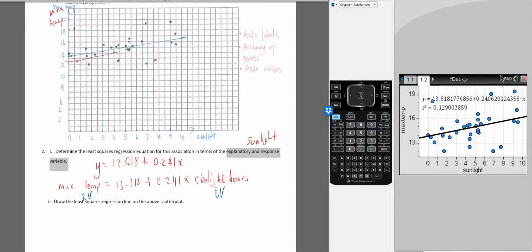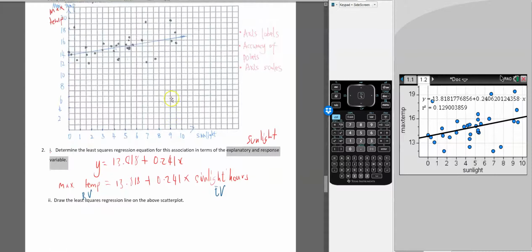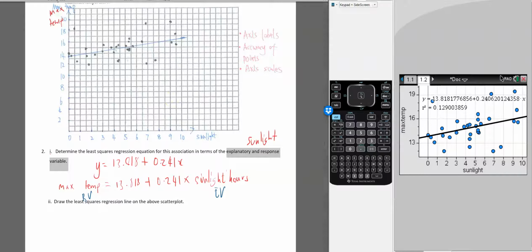Okay, so we do tell you in the previous years to actually approximate this, but there's a proper way of doing this. So what you need to do first is, on your data point, you need to choose 2 points on your graph. Okay, the 2 points I'm going to choose, because I like the values of this, are 0 and 10. Okay, so 0 and 10.